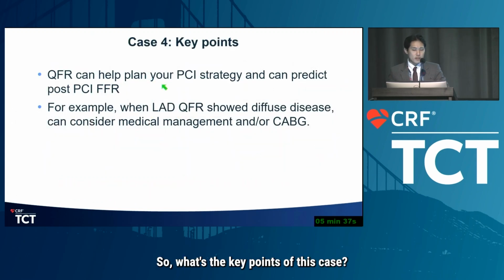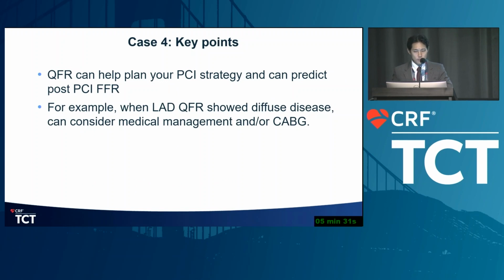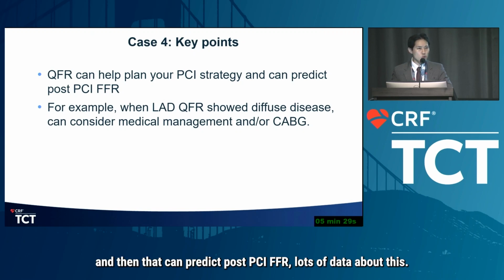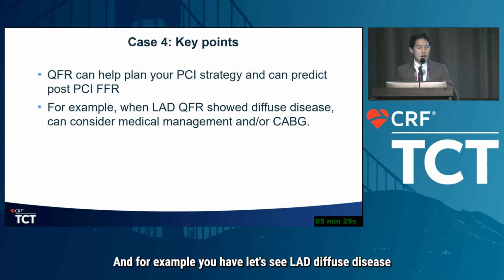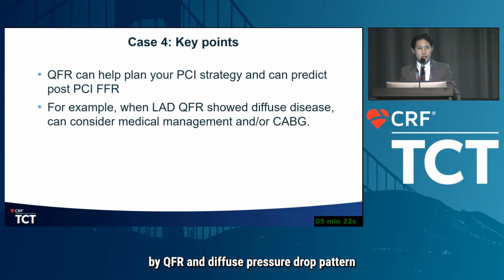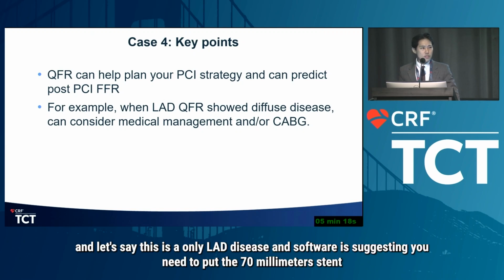So what are the key points of this case? QFR clearly can help you plan your PCI strategy, and it can predict post-PCI FFR. There's lots of data about this. For example, let's say you have LAD diffuse disease by QFR and a diffuse pressure drop pattern. And then let's say this is the only LAD disease, and the software is suggesting you need to put a 70mm stent.